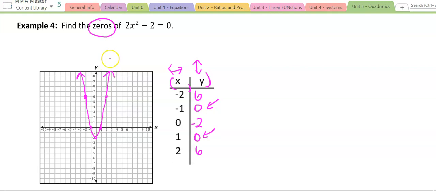Okay. So then what I'm going to do, and what I'm asking you guys to do today, is I'm going to label my axis of symmetry, which is the line down the middle. So my AOS is x equals 0. It's a straight vertical line at x equals 0. Then I'm going to circle my solutions, which is where it crosses the x-axis right there.